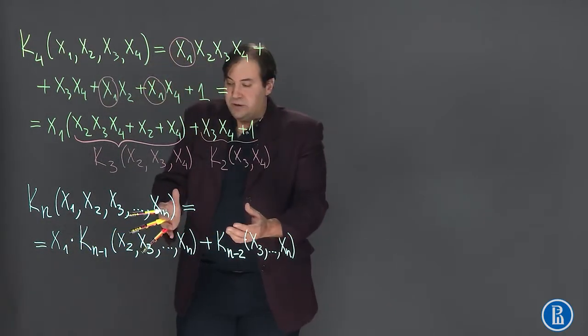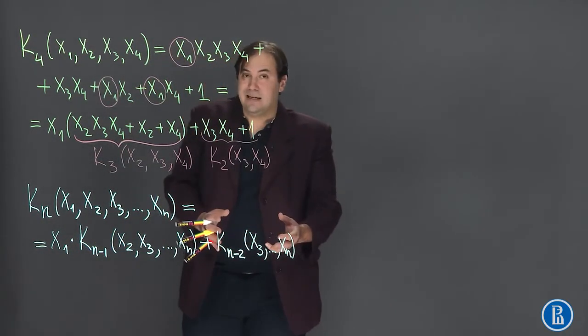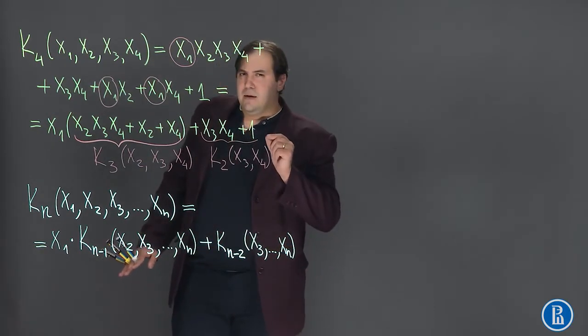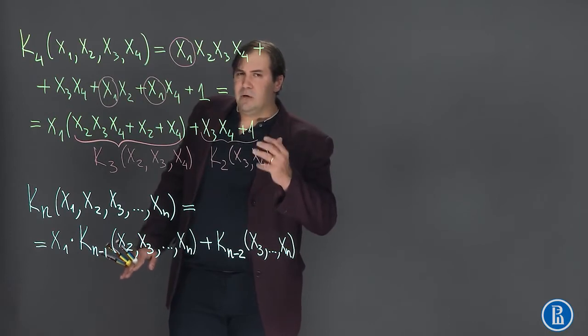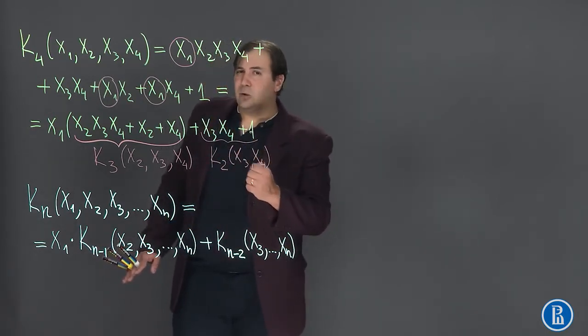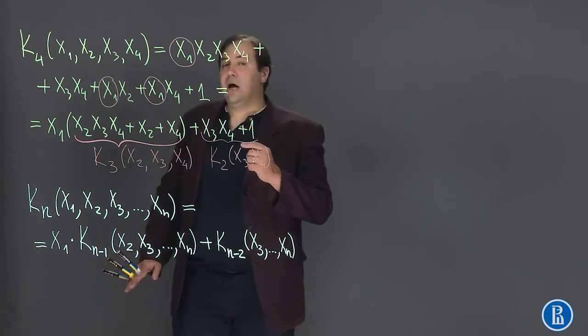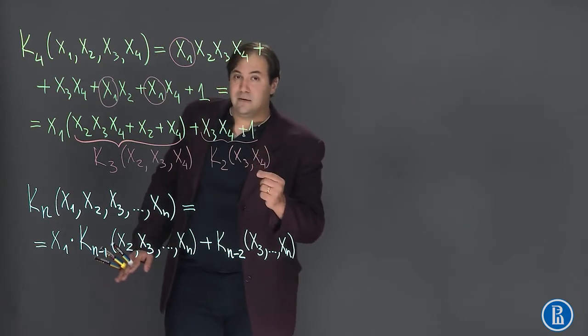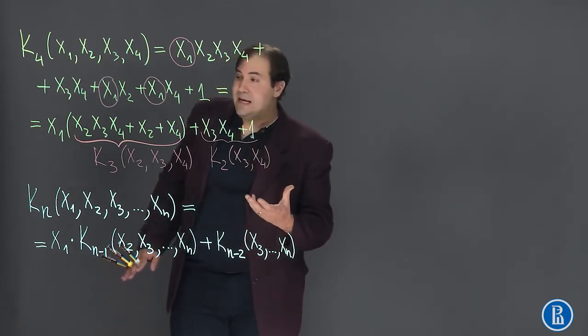And also, if we take something that does not contain x1, well, this part is a bit more tricky. How come a monomial in a continuant can turn out not to contain x1? Well, only if x1 was deleted and thrown out.